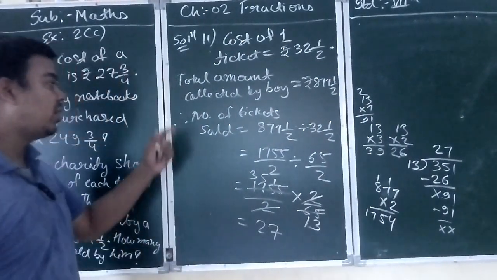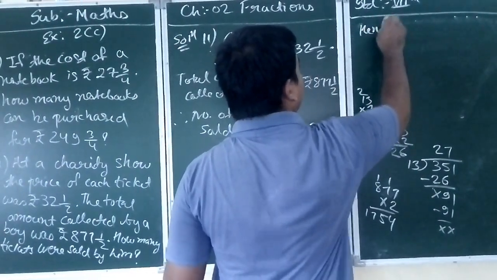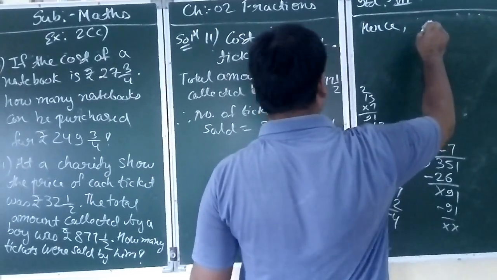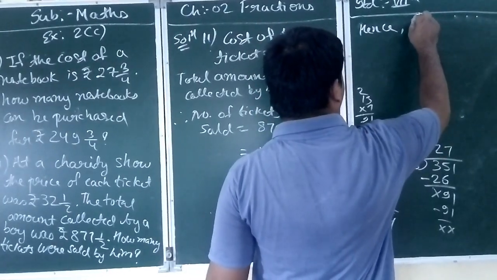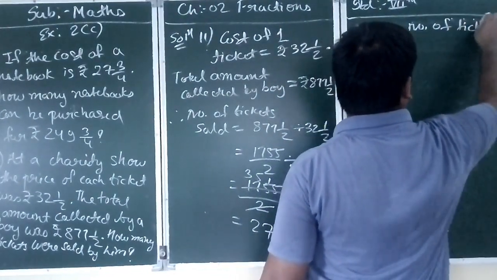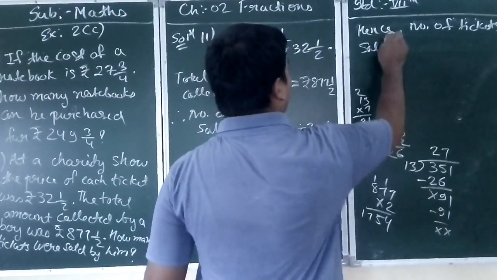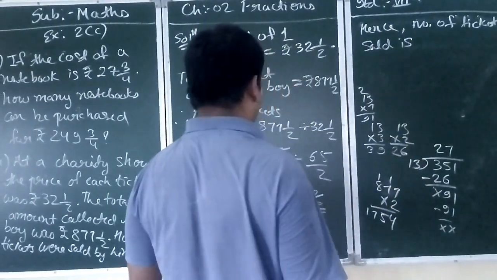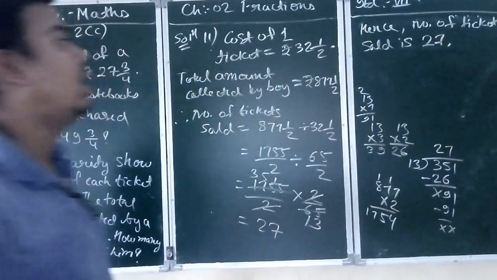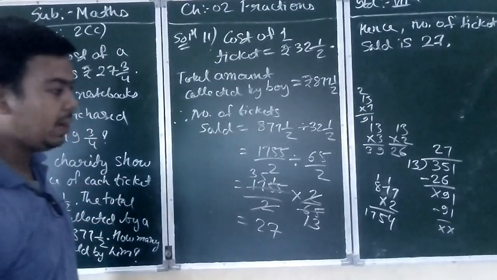Hence the number of tickets sold is 27. How many tickets were sold? 27 tickets are sold. Okay.